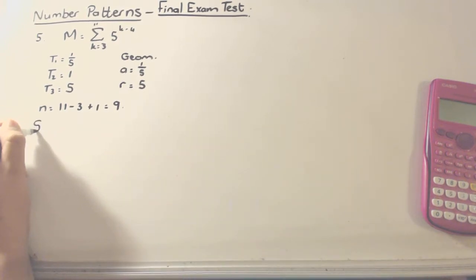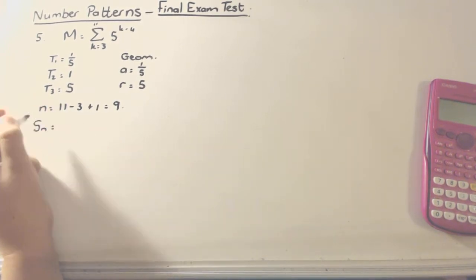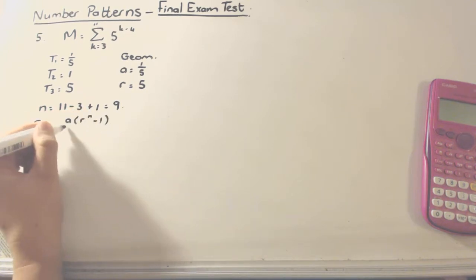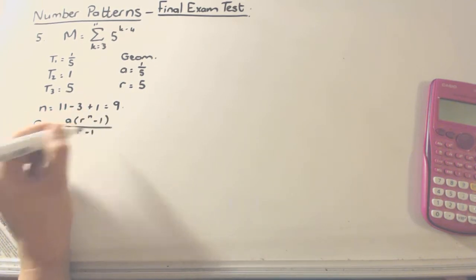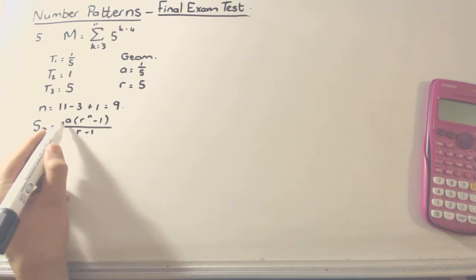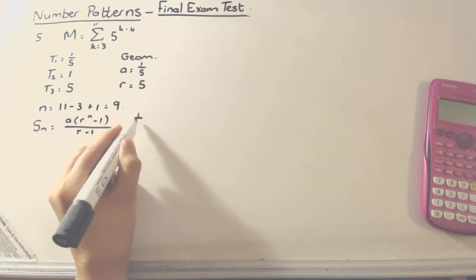Now I know the sum to n of a geometric pattern is a times r to the power of n minus 1, over r minus 1. This is what we proved there in number 1. My a value is 1 over 5.